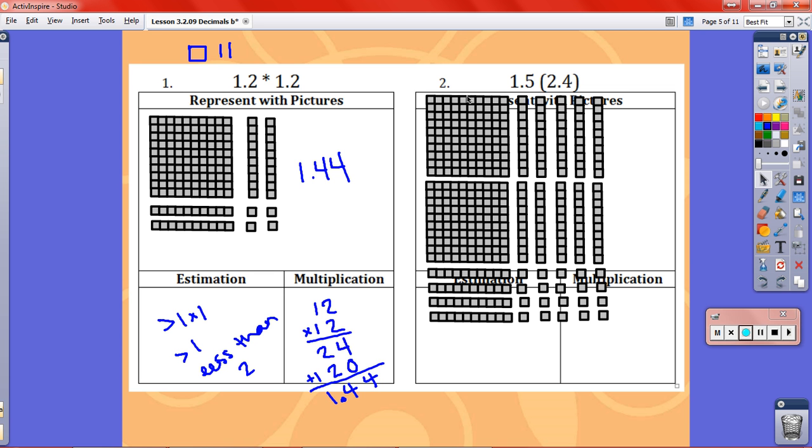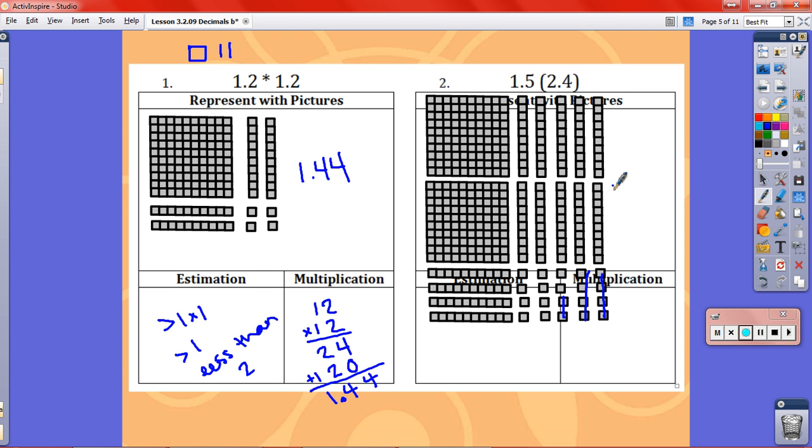So again, I end up with 1 and 5 tenths going across and 2 and 4 tenths going down, because I have 2 whole groups of 1 and 5 tenths and then 4 tenths of a group of 1 and 5 tenths. So when I count these things up, well, let's see, I have 4, 8, 10.